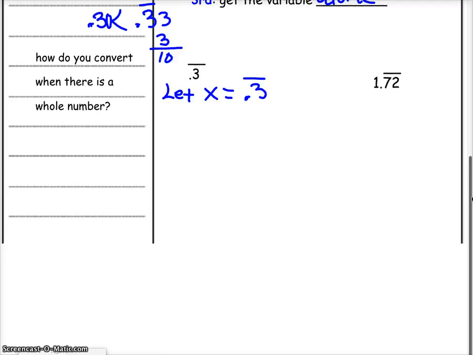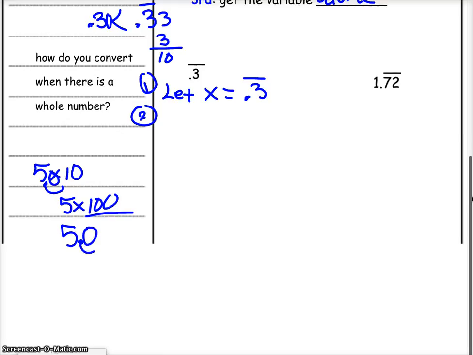This is the first thing I do. Now the second thing I do is get the pattern to the left-hand side of the decimal. This is like scientific notation, because anytime you multiply by 10, it's just moving a decimal over. For example, 5 times 10 is moving the decimal over one spot. It's 50. 5 times 100 moves it 2 spots, so I'd have to add the placeholder 0, and that'd be 500.